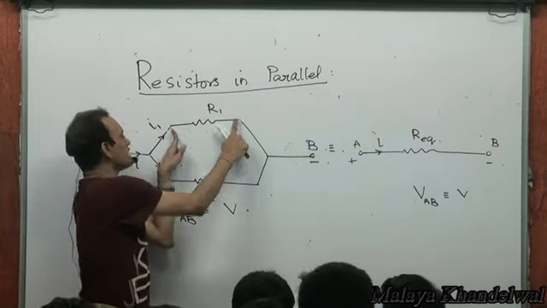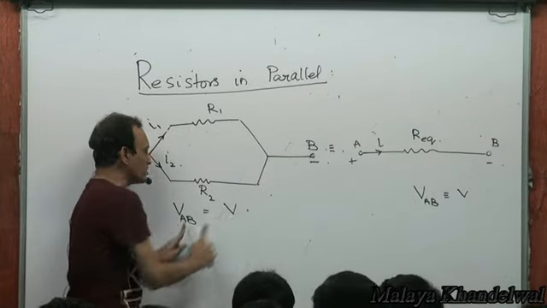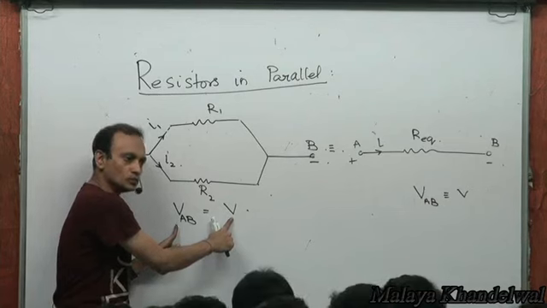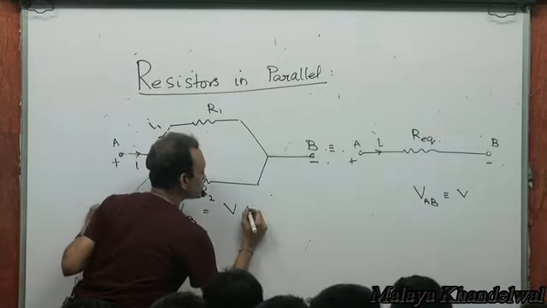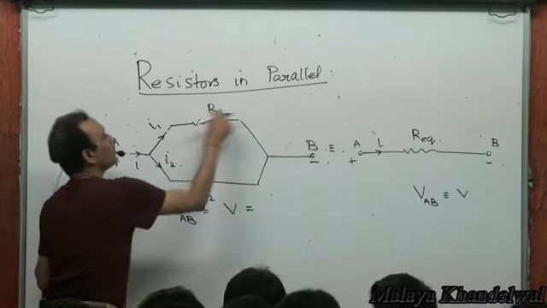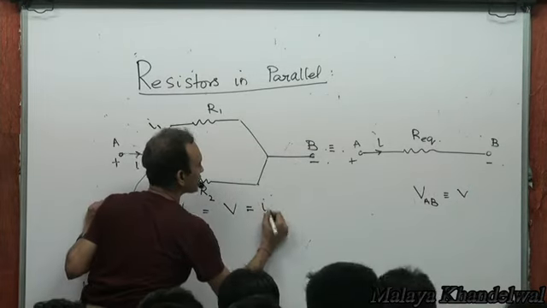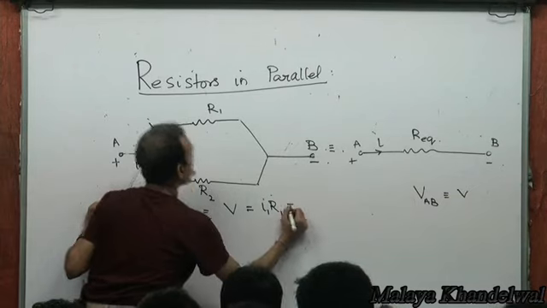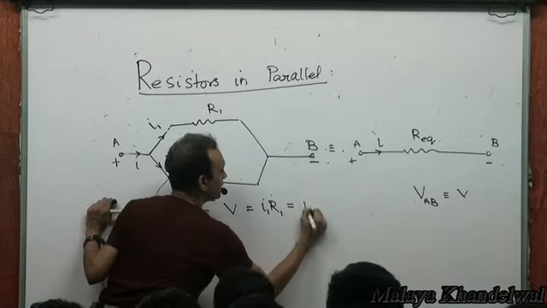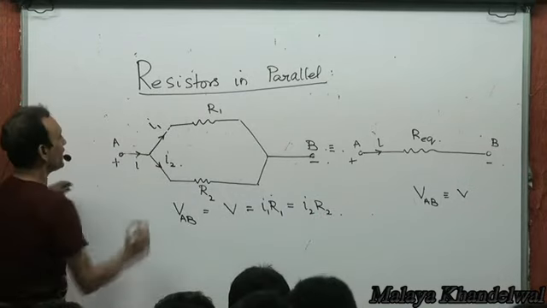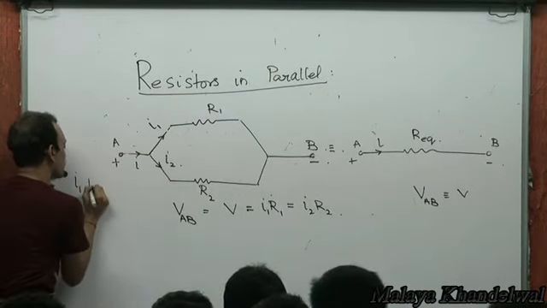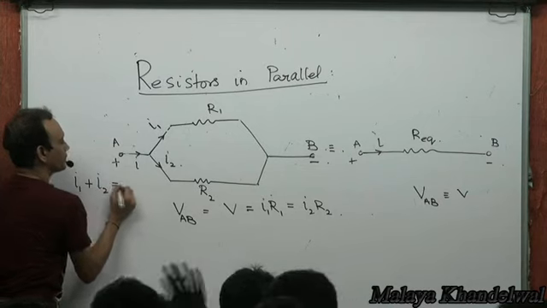So, the drop across R1 must be the same as the drop across R2, and must be equal to V. Yes or no? So, can I say that this V must be the drop across R1, which is I1 R1, must be the same as the drop across R2, which must be I2 R2, where I1 plus I2 must be the total current flowing through the battery.